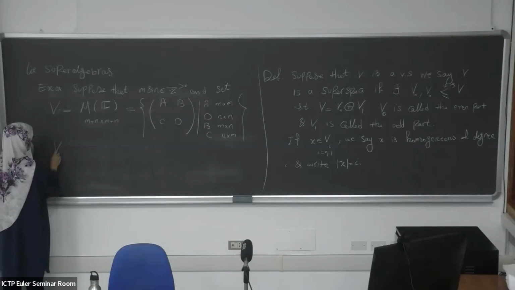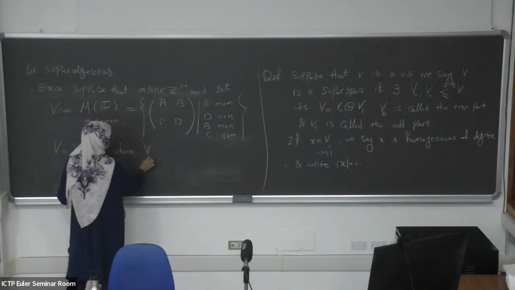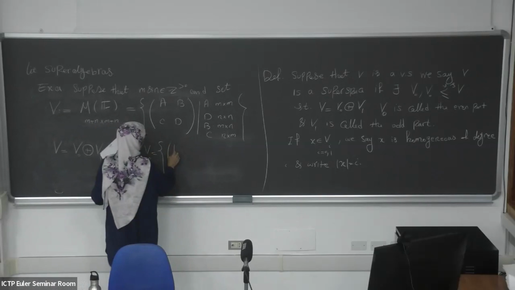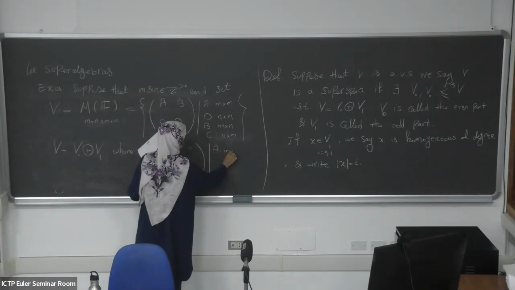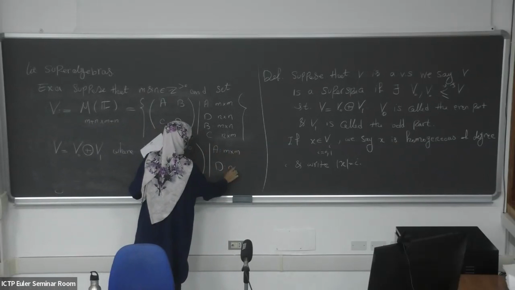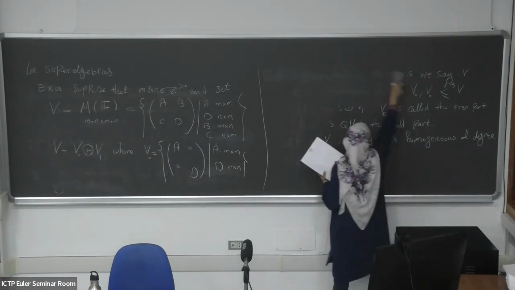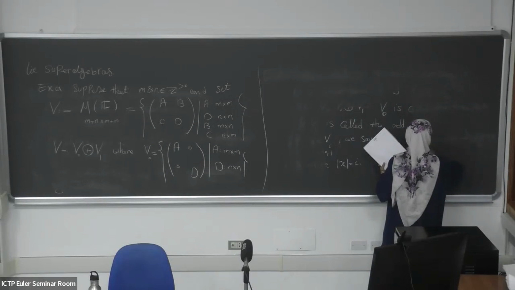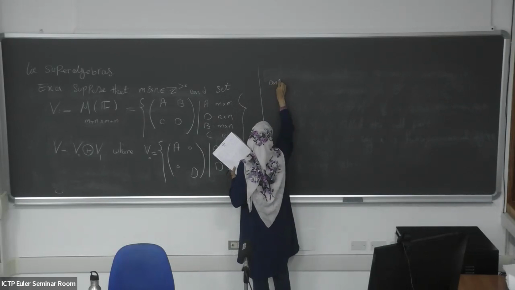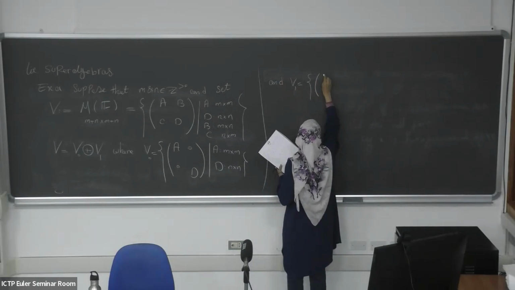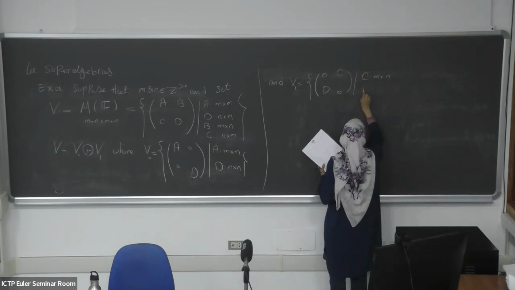Then I can write V as V0 direct sum V1, where V0 is the set of all elements in this form, and V1 is the set of elements of this form, where B is m times n and C is n times m.